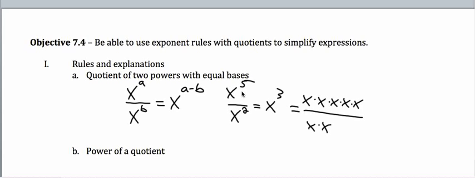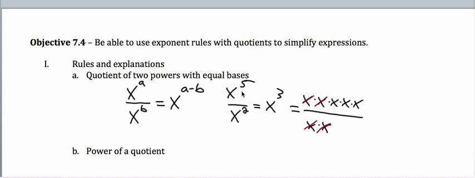Okay, you've done some simplifying of fractions before. X over x would cancel, x over x would cancel, and we'd have 3 x's left in our numerator, which is just x to the third. That's really all this rule is saying, is that x's over x's cancel to 1's, and so we take away the ones on the bottom from the ones on the top.